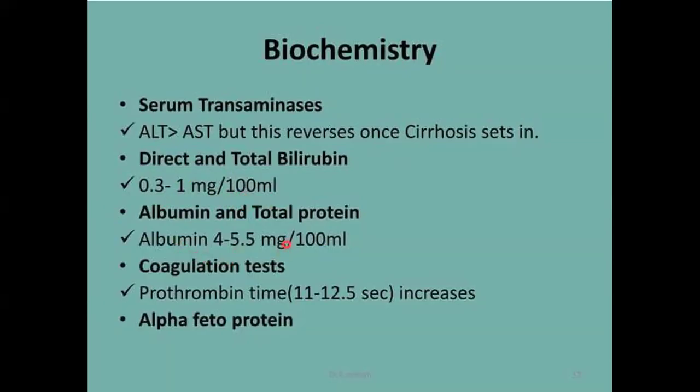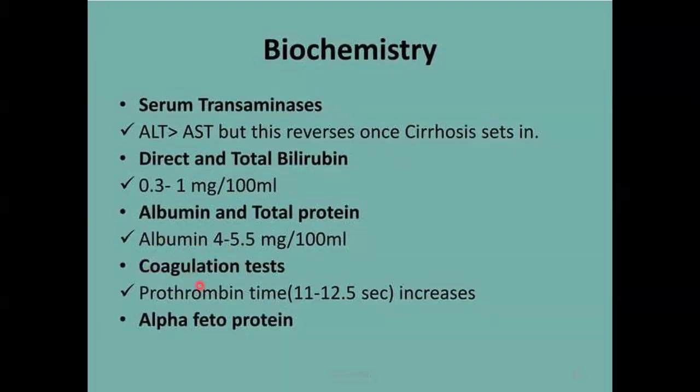Another one is coagulation tests, prothrombin time. So prothrombin time, remember, coagulation factors, I don't know if you've done this, but coagulation factors, factor 1, 2, 3, there are 13 factors. They are made in the liver.